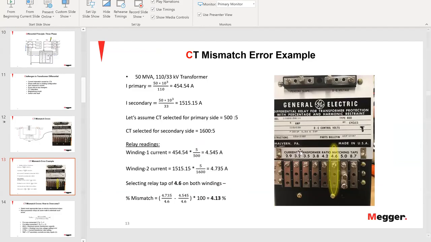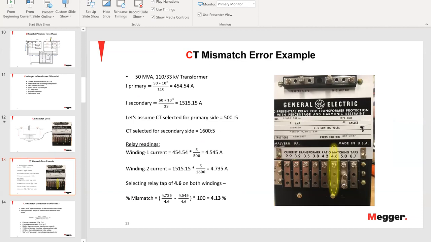So if you're computing the CT secondary current and it is coming out in decimals, you have no way to select that value. All you have to select is a tap value. So either a 5 or a 4.6 or a 4.2, any one of them. Whereas in the microprocessor and numerical world, you can actually put in the tap value in decimals.